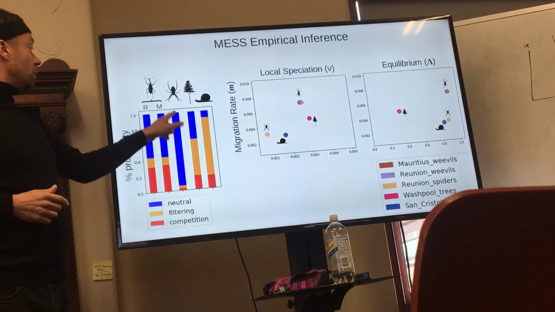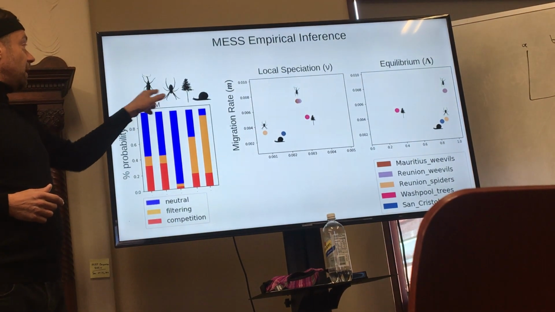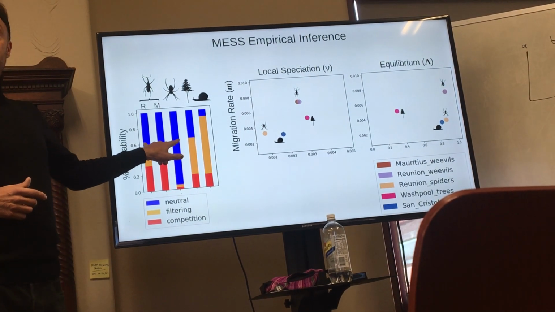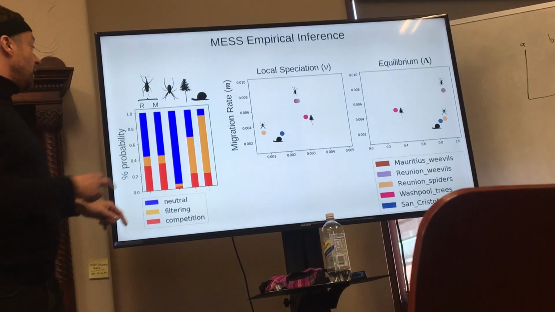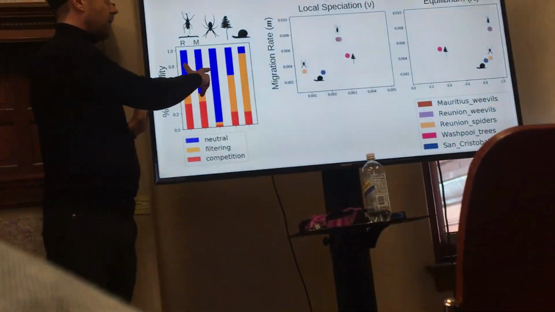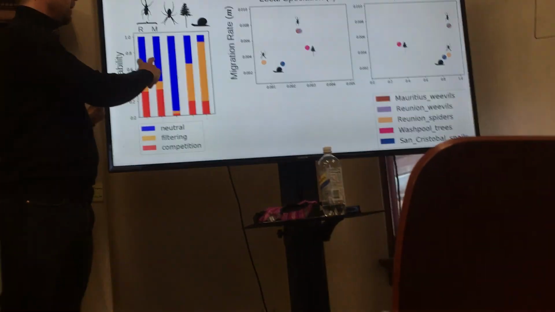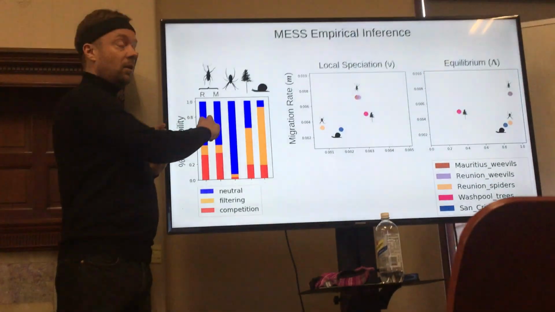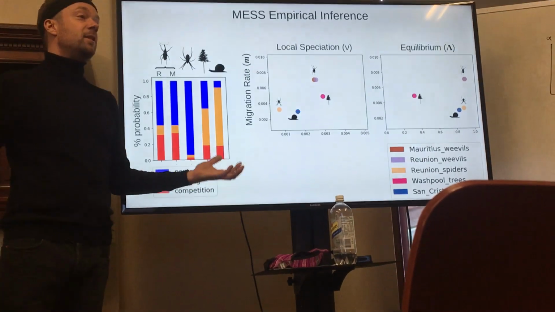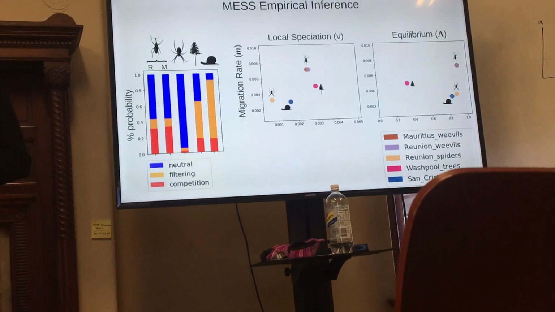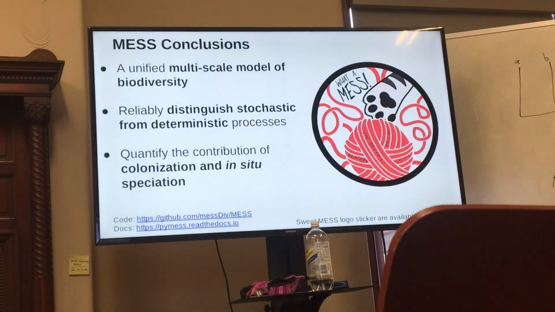So you have, this is Reunion, spiders and weevils, and there are different community assembly processes happening in the same environmental space. And you also see similar processes happening for the same communities in different spaces. That's, I think, an interesting outcome.